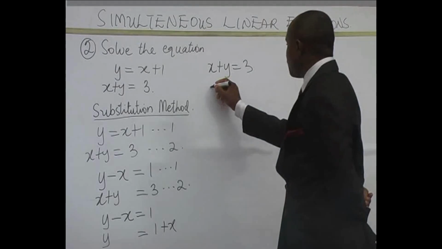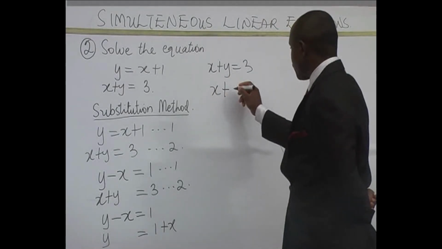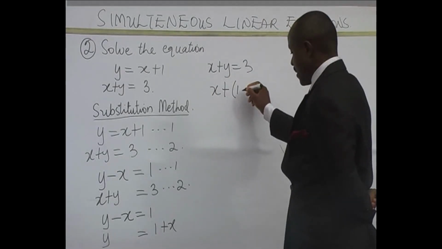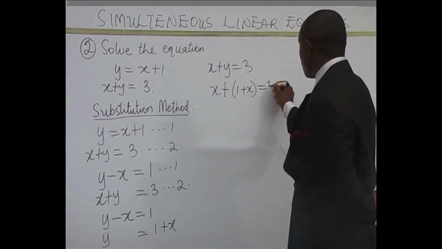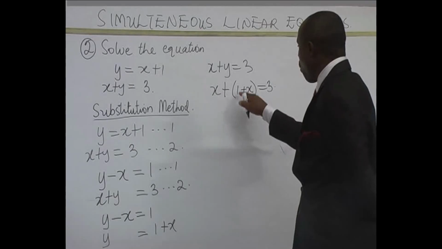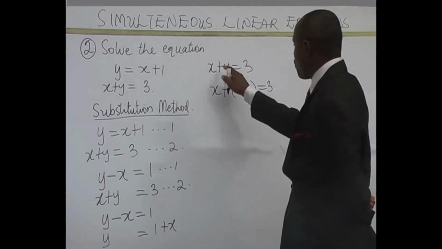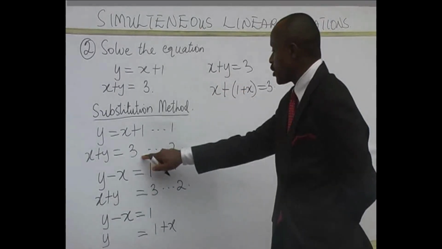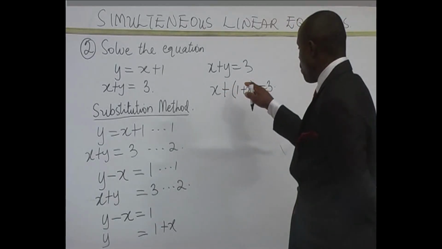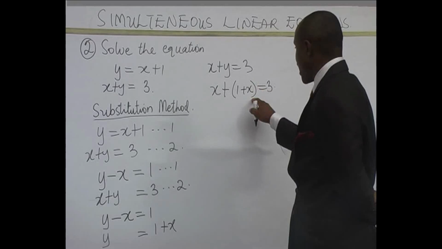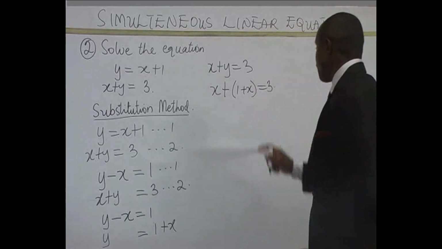You are going to have x plus 1 plus x is equal to 3. I substituted 1 plus x for the value of y in the second equation to get x plus bracket opens 1 plus x bracket closes is equal to 3.